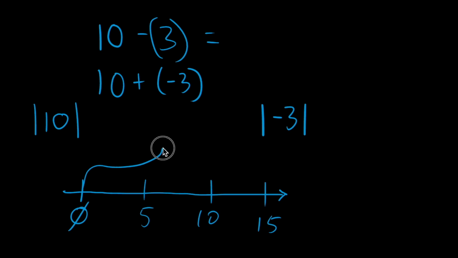So from 0, there we go. You are 10 units or spaces away from 0. So the absolute value of this number 10 is 10 units, or 10, or positive 10.